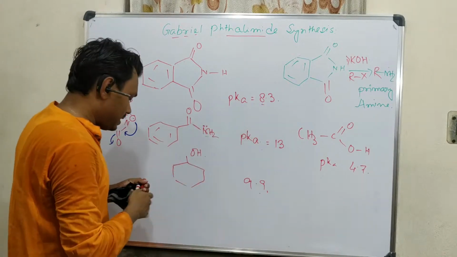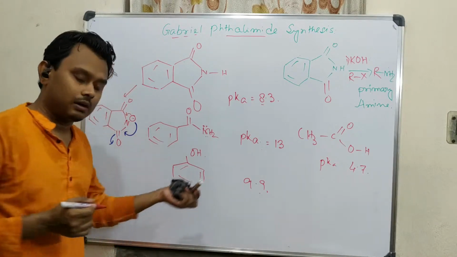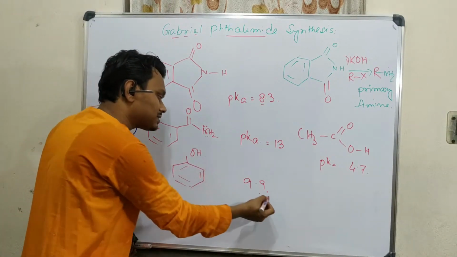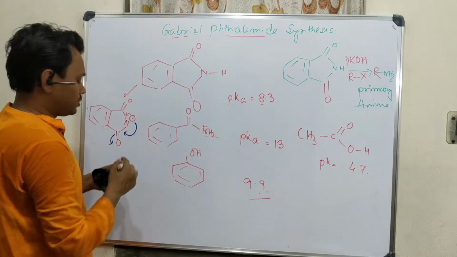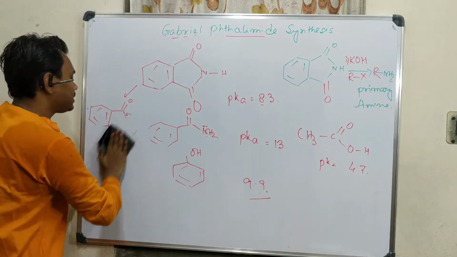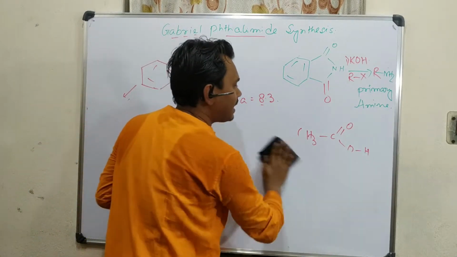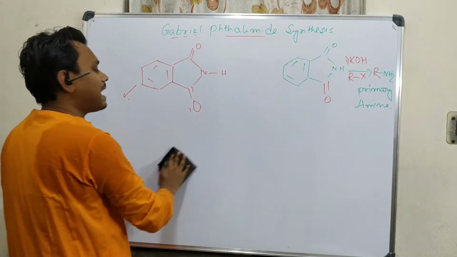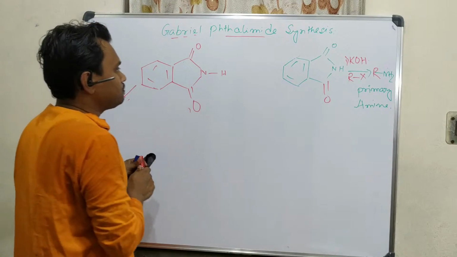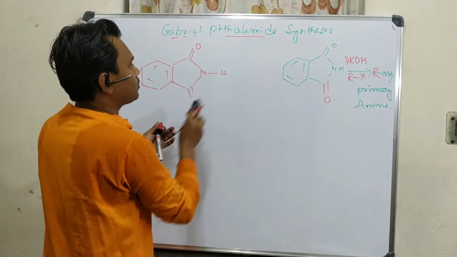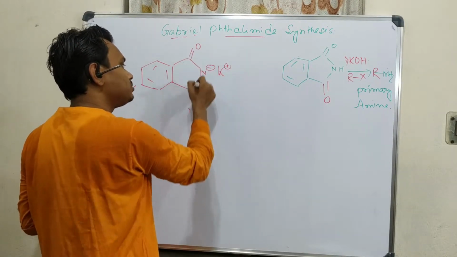That's why its pKa is even lower than phenol, because we know phenol is slightly acidic because of resonance compared with ethyl alcohol, and this is slightly more acidic than phenol. So from here you can understand that the reagent we have prepared, phthalimide, is more acidic than phenol but less acidic than acetic acid. So it's a mild acid, and that's why in presence of a base like KOH, it deprotonates to produce this N minus K plus, and this minus is stabilized by these two carbonyls.